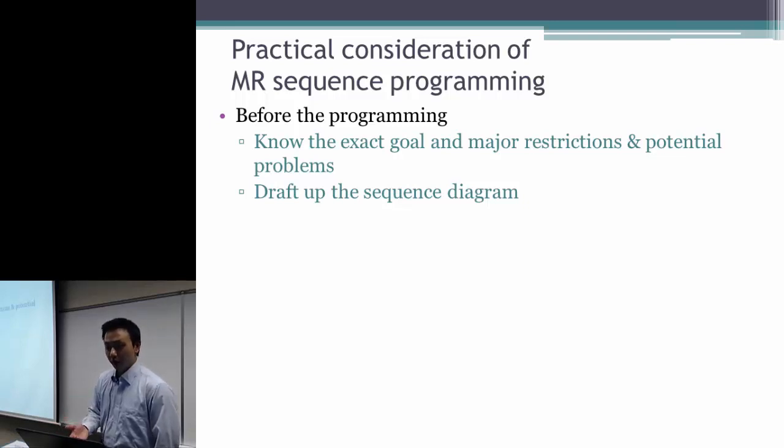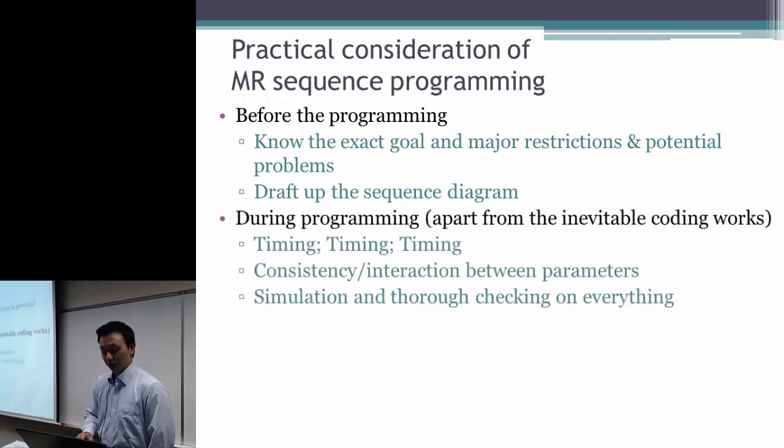You must know every goal, and also the major restrictions and potential problems associated with the current method. Then, when you have a clear idea of what you need to do, you first draft up the sequence diagram to make sure you have a blueprint that you can work on.